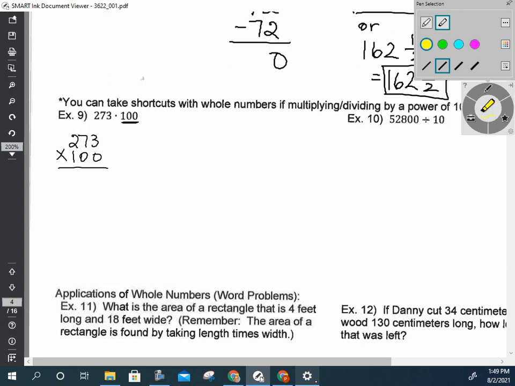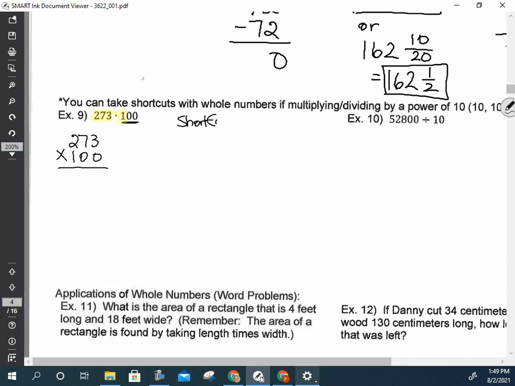So here's the shortcut. First, you would just take 273 and multiply it times the 1. So 273 times the 1, that's easy, that's just 273.